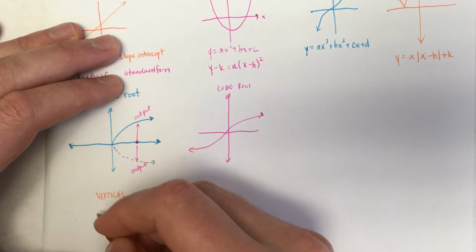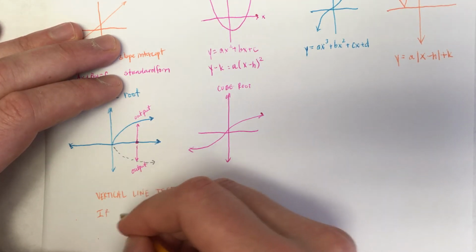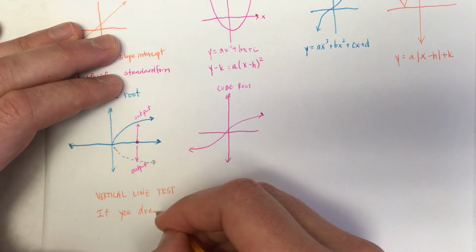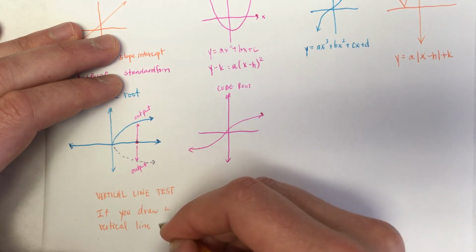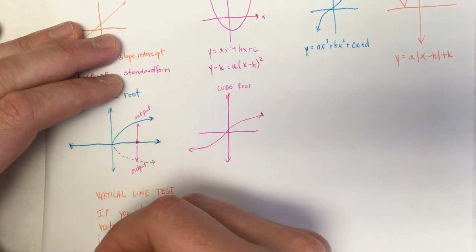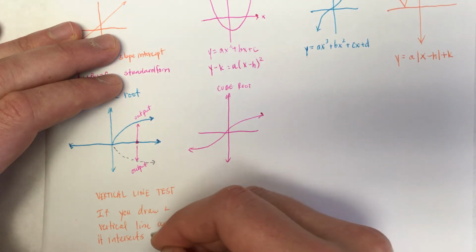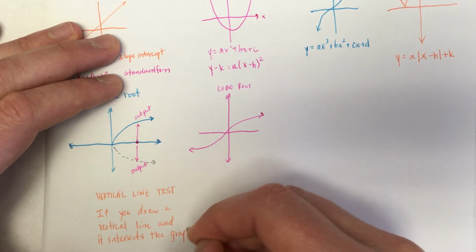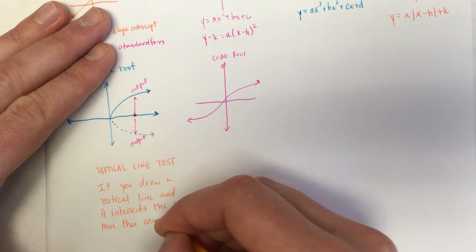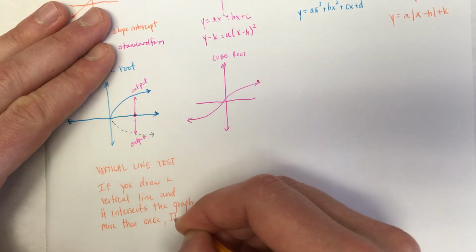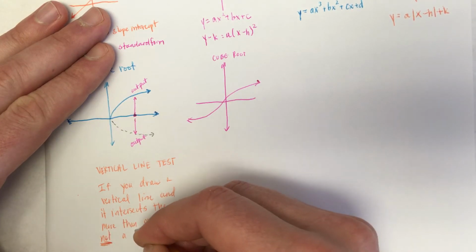Basically, if you can draw a vertical line and it intersects the graph more than once at any time, it is not a function.